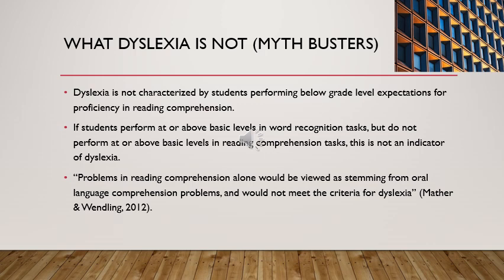This is why it is of the utmost importance to identify learners based on multiple data sources, including diagnostic assessment results and containing measurements of criteria directly related to the symptoms and characteristics of dyslexia.